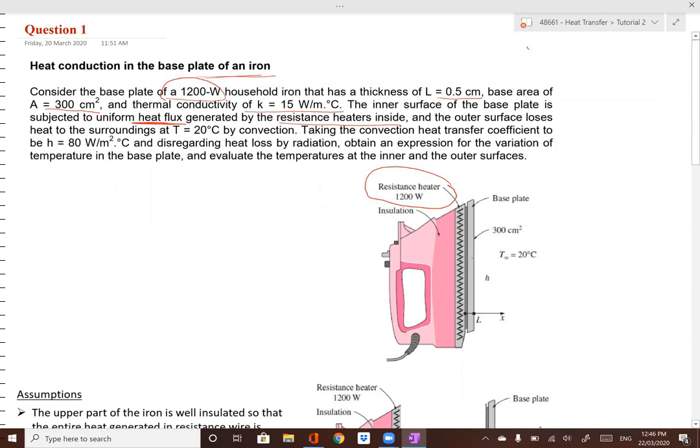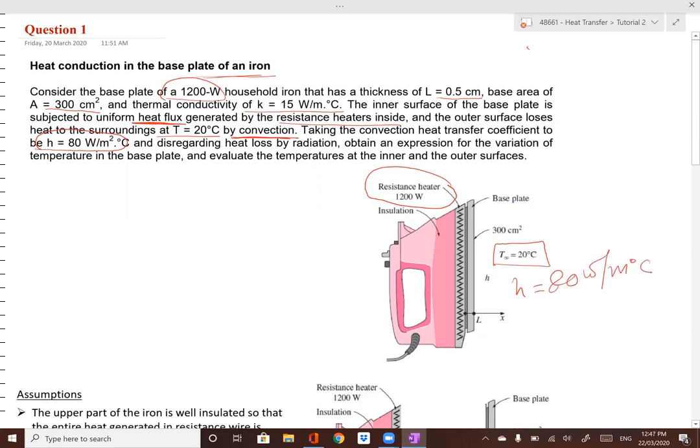Now the outer surface of this iron plate loses heat to the surrounding at 20 degrees Celsius by convection. The convection coefficient for the surrounding, h, is given as 80 watt per meter square degree Celsius.